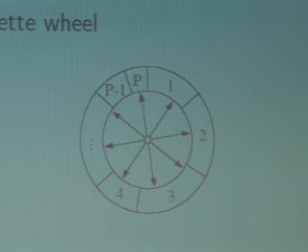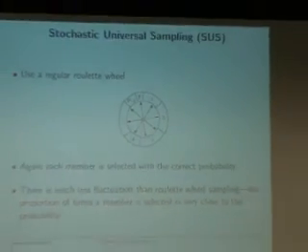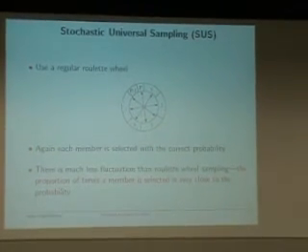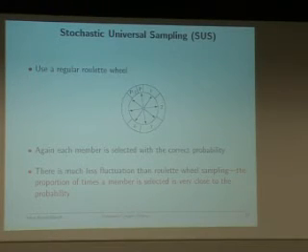Okay. So this again ensures that you select all members with the correct probabilities, but it gives you many fewer fluctuations. The proportion of times that a member is selected is very close to the probability. So this is a better way of doing sampling.